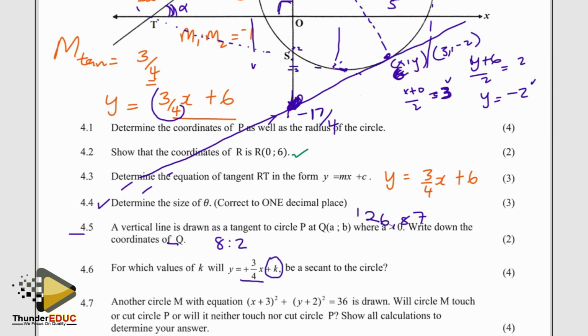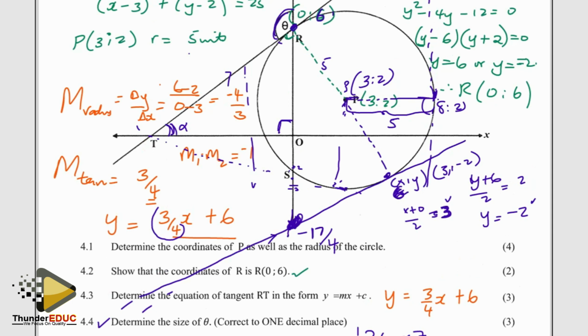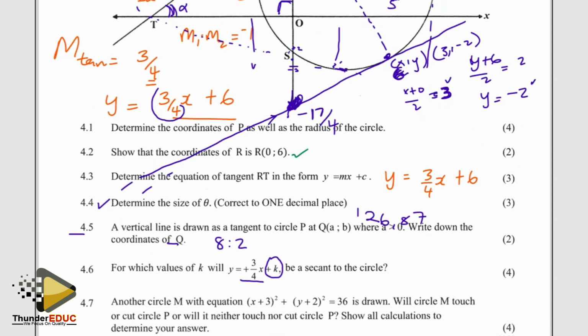For which values must that be a secant? If it has exactly negative 17 over 4, it's a tangent. If it has exactly 6, it's also a tangent. So I'm going to say negative 17 over 4 must be less than k, and k must also be less than 6. So in between these values, this line will be a secant.